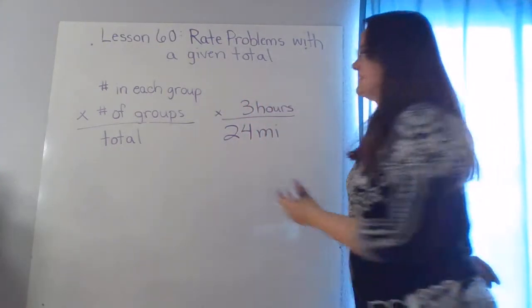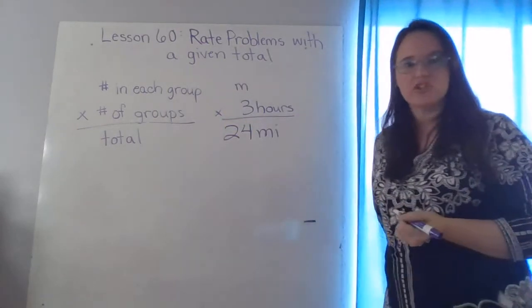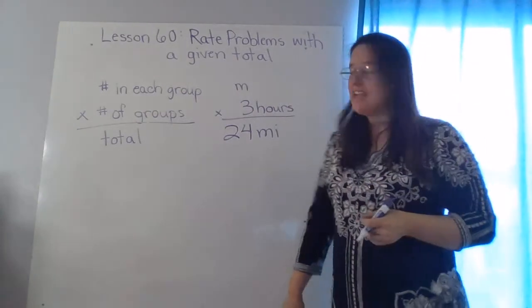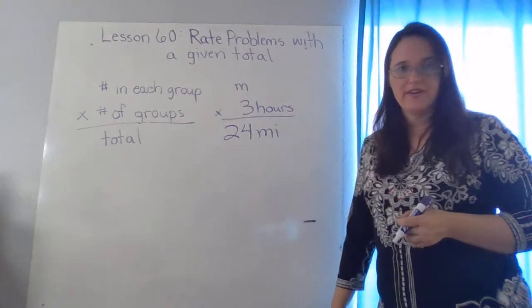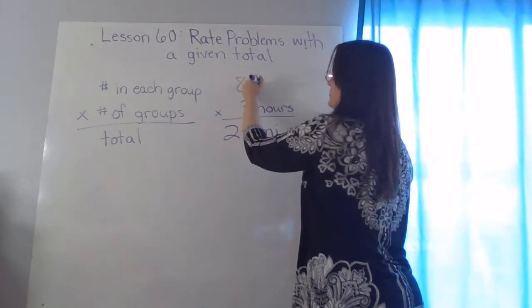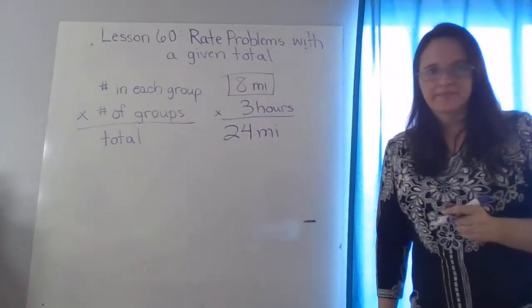And the question is, how many miles did she ride in each hour? So again, if you've got those multiplication facts memorized, what times 3 equals 24? 8 times 3. So 8 miles would be our answer.